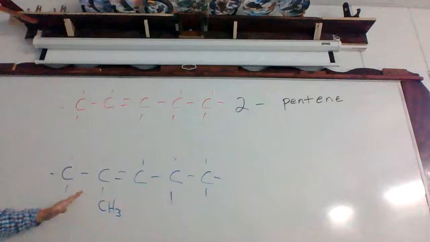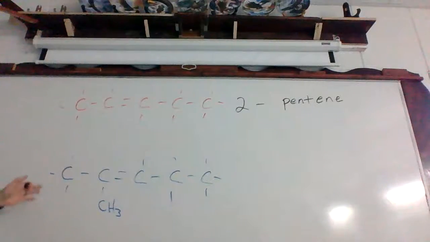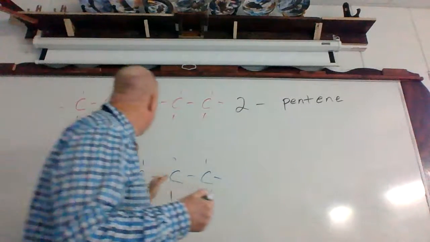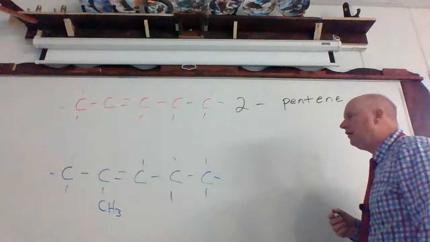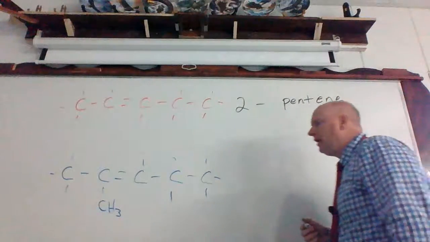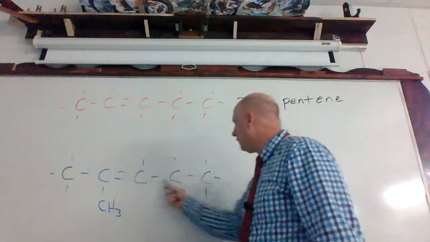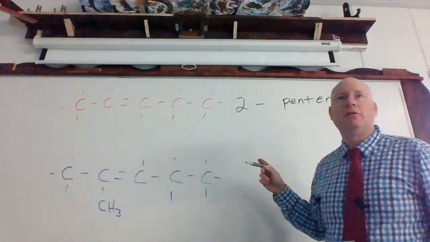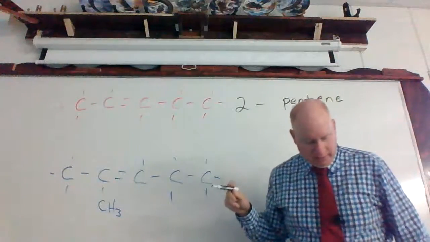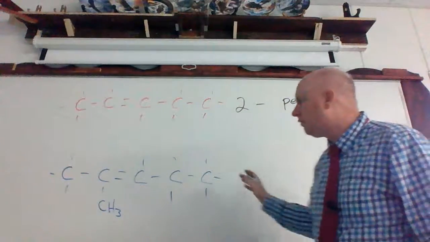The bottom one is going to be named very similarly. How many carbons do we have? We've got 5. Does it make any difference if we go up and over like this or just straight across? It makes no difference. You could say it's either a branched chain or a straight chain.